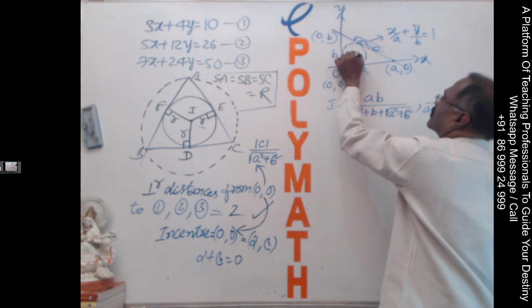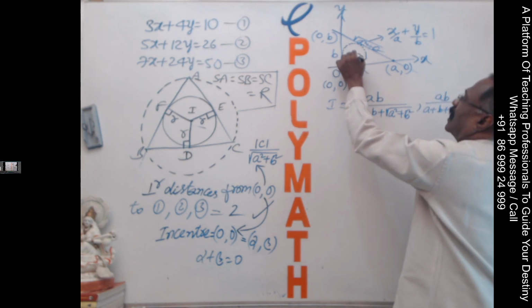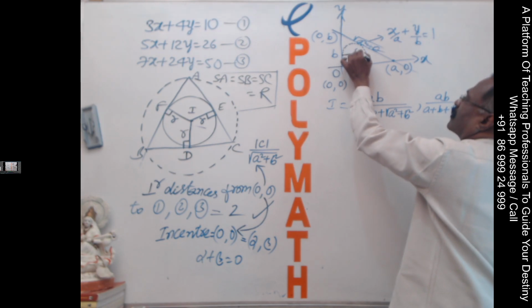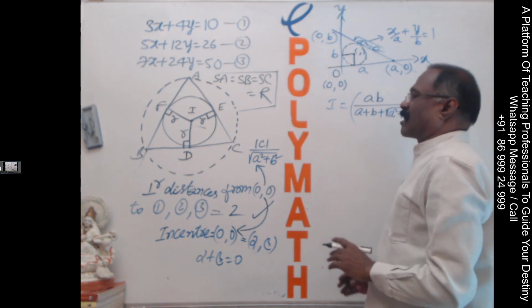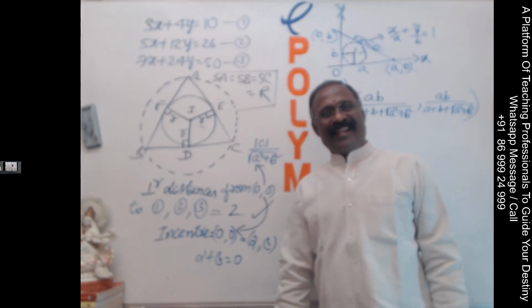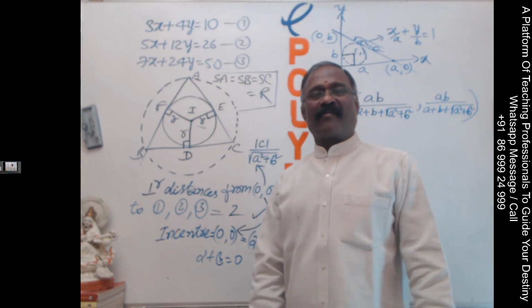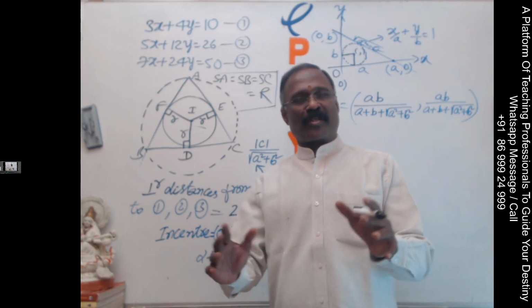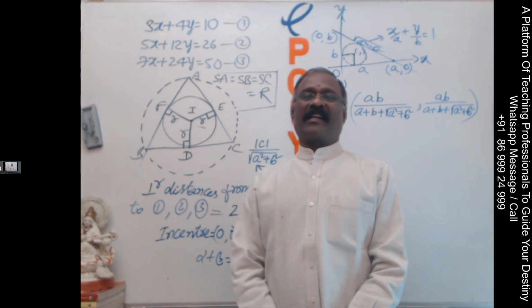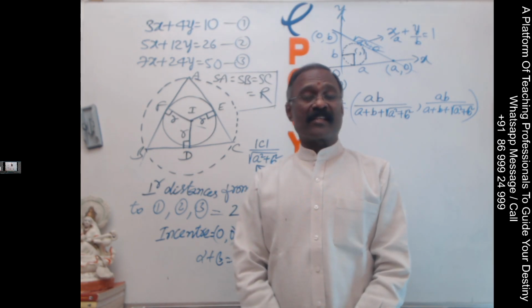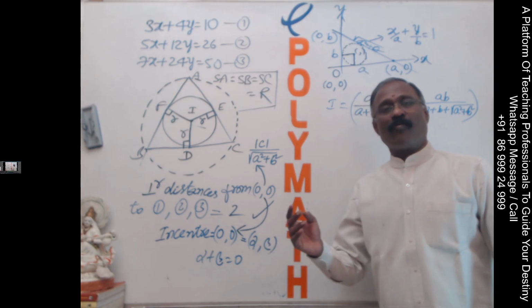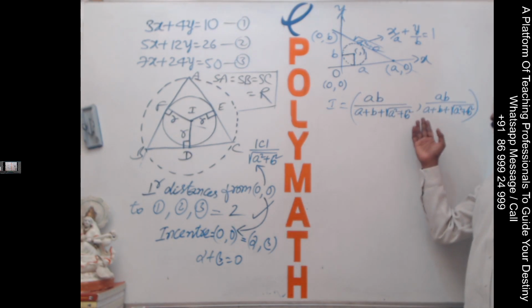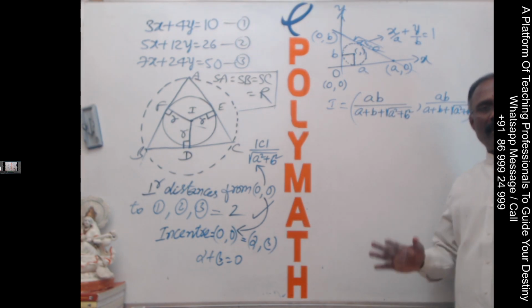This length will be equal. That is, the x coordinate of the center and y coordinate of the center must be equal. Then only it touches both the axes. That further you will be learning in circles. That is the reason why you will get both the coordinates same. This is a formula, please.